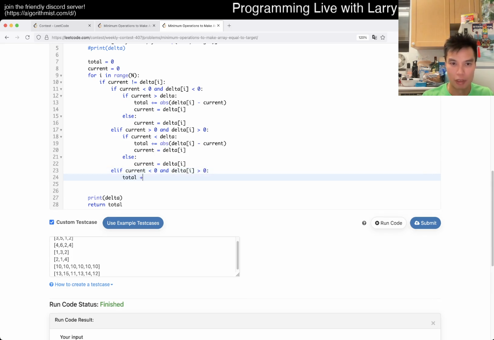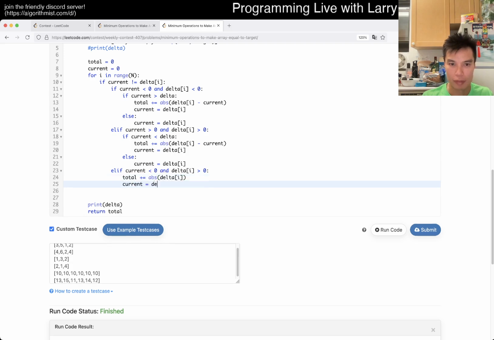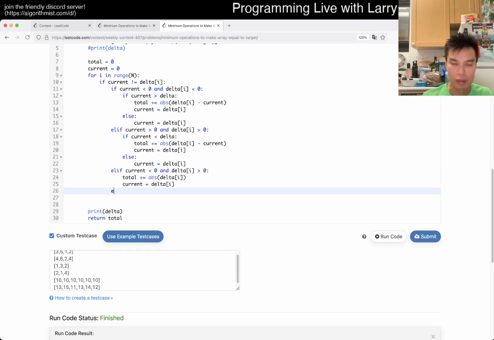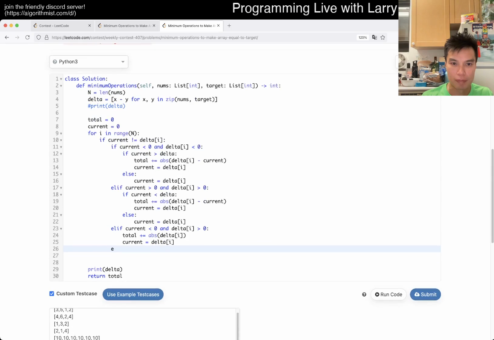So then now we add delta sub i, absolute value of it. And if one of them is 0, then we just stop anyway, right?